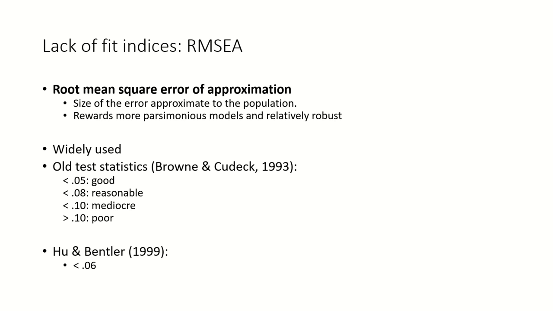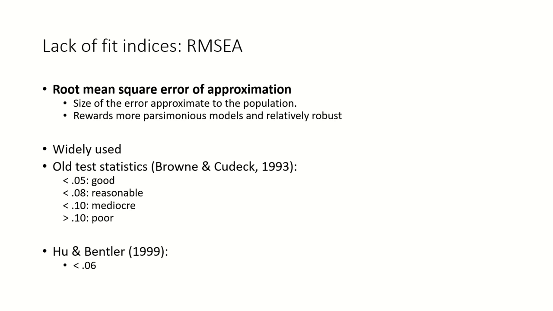What is important here is that this fit indicator is relatively robust. It tends to provide better fit when you have a more parsimonious, so a simpler, model, and it's widely used. The people who came up with that particular index are Browne and Cudeck, and they suggested that if it's smaller than 0.05, it shows us that the model is fitting well.